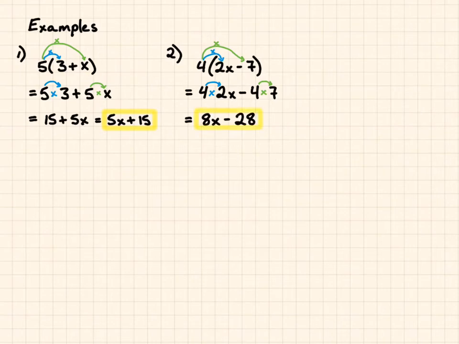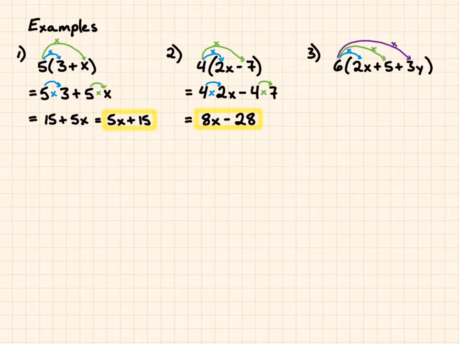And that's my answer. The third example, I have 3 terms in this, but I'm going to have to multiply 6 to each term inside. So that's 6 times 2x, 6 times 5, and 6 times 3y.